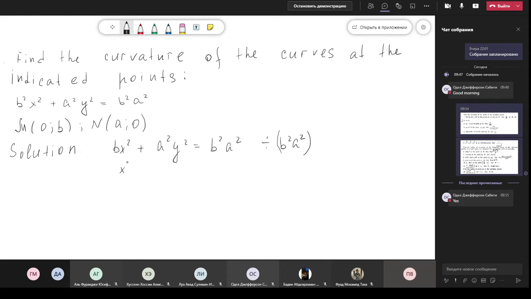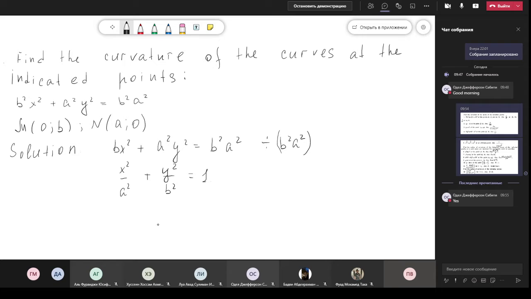Look, x squared over a squared plus y squared over b squared equals 1. Basic equation.